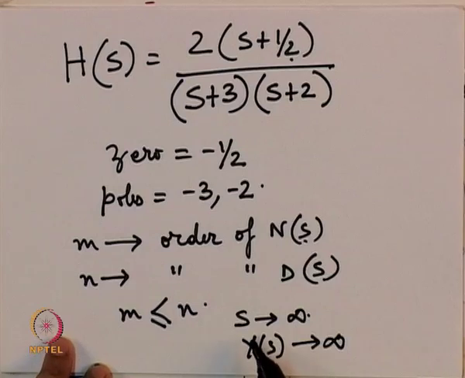In physical systems, as the frequency goes on increasing, the output of any system will tend to decline or remain the same. It will not exceed the value, and therefore this limitation holds for physical systems.